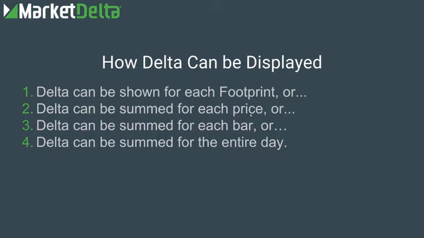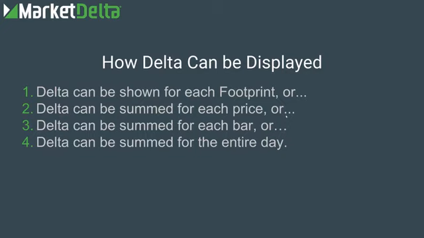Delta for each price would be, think of a particular price, and that price is trading in and out throughout the day, from morning till close. As it trades all day long, there's a way to calculate the delta for that particular price. That's actually what the delta profile will show us, and we'll take a look at that.